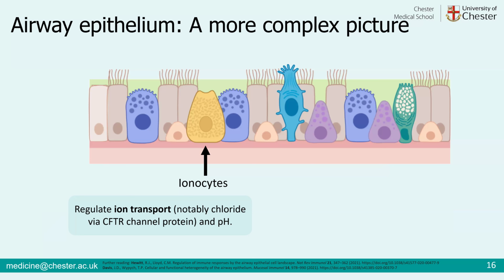Water then follows, and that helps make sure that the mucus we just spoke about is nice and movable, so the cilia can move it along. If that particular channel protein is defective and we don't see chloride ions moved out into the lumen, that mucus is thick and sticky, it can't be moved along. Any bacteria that's caught gets to stay there, it causes infection, and that's what happens in cystic fibrosis.